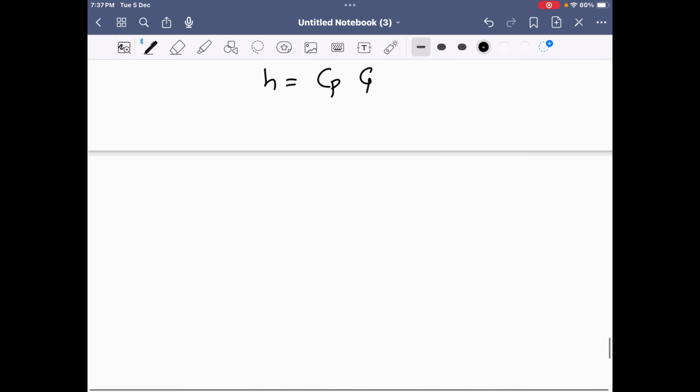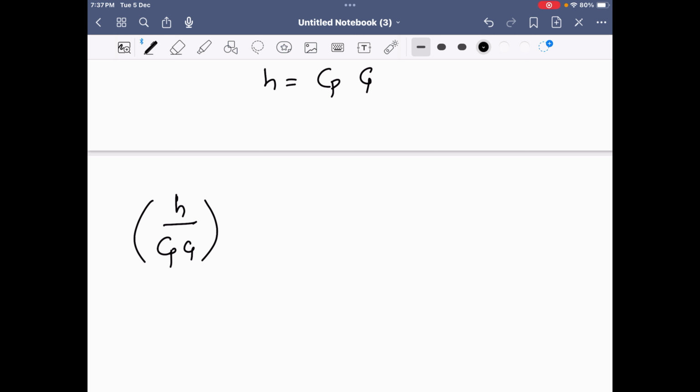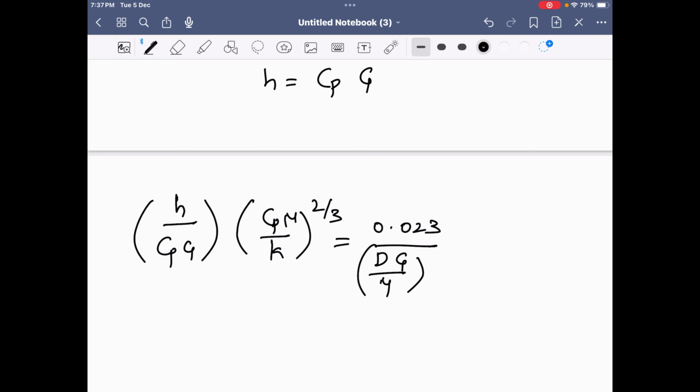So, I will again tell you, this part is the Colburn equation given, H by Cpg, this is one term, and the second term is Cp mu by K to the power of 2 by 3 is equal to 0.023 divided by dg by mu whole to the power of 0.2.